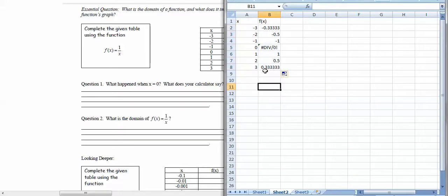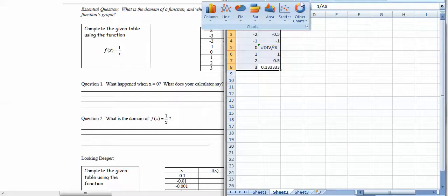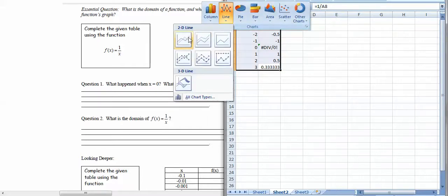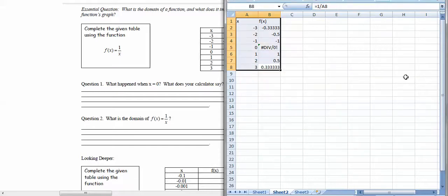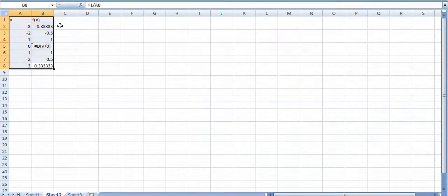Alright, let me see if I can get the computer to give me a little table there. Insert, let's see. I don't want a table, I want a line graph. Okay, alright. This is actually not what I want. Gosh, this thing is just so weird sometimes.